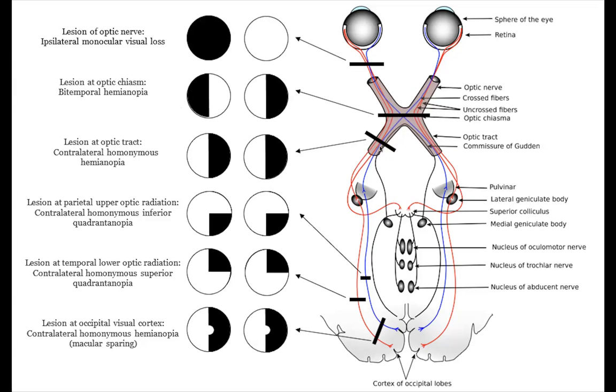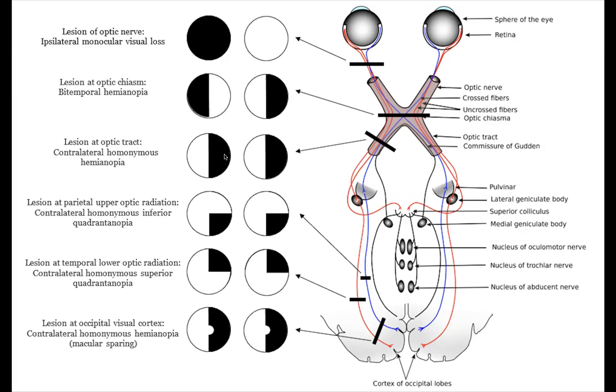And next is the optic tract lesions. So in the optic tract, what happens? Suppose this is the right eye, you will receive here the temporal fibers of the right eye and the nasal fibers of the left eye. Okay, so you will have homonymous hemianopia. That means in the left eye, you're seeing the temporal part, and in the right eye, you're seeing the nasal part.